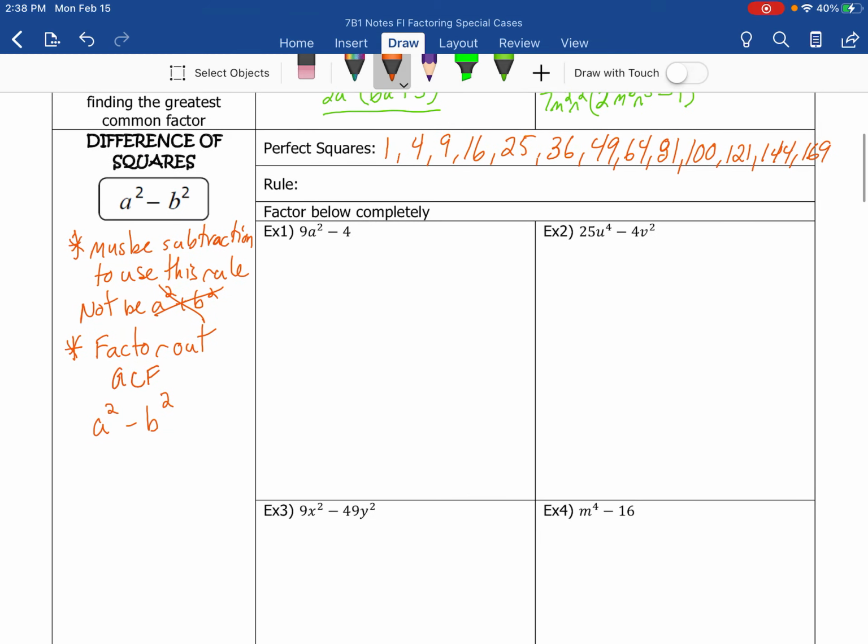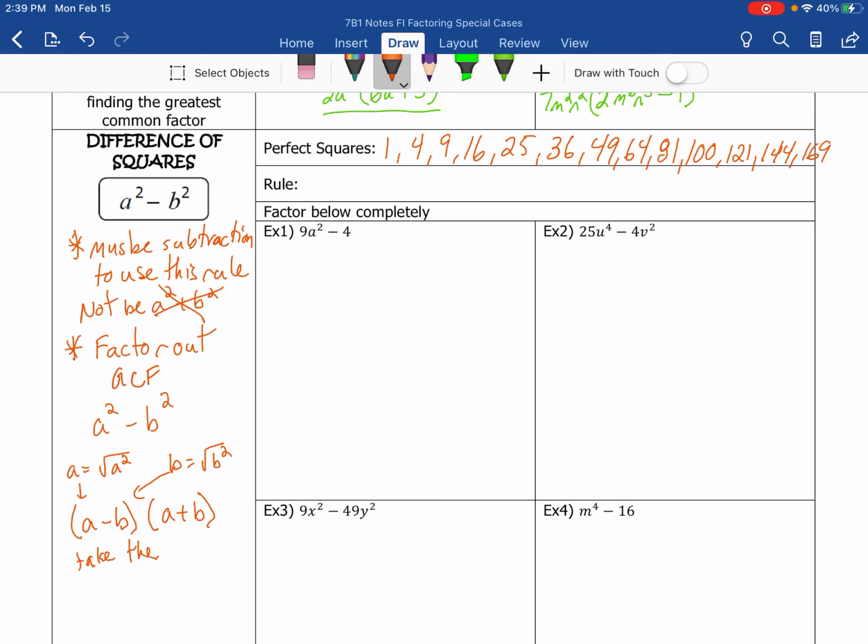And then we follow a pattern. So you're given a squared minus b squared. The first thing that you're going to do is a is going to be the square root of a squared, and b is going to be the square root of b squared. And once you find those, then you're going to rewrite it as a minus b times a plus b.